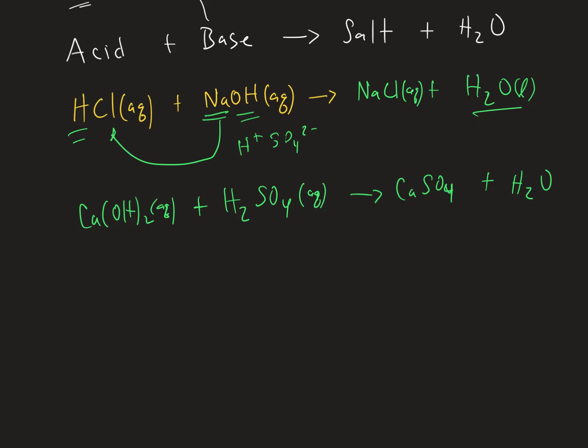Anything else? So hold on. Precipitation reactions and acid-base reactions are in a double replacement reaction, right? Yes, because one changed to a solid and the other one to liquid.